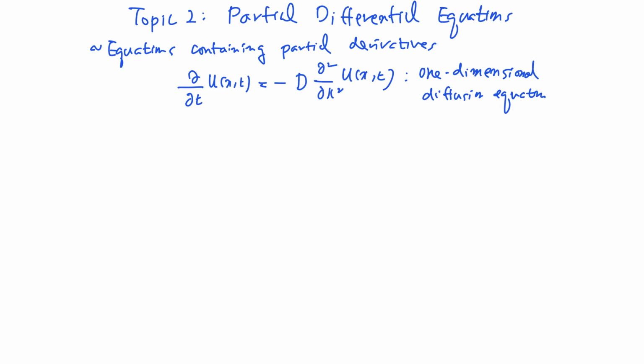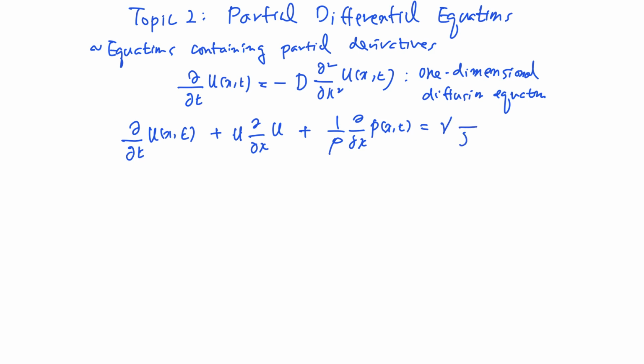Or sometimes we have ∂u/∂t (x,t) plus u ∂u/∂x plus 1 over rho ∂p/∂x minus nu ∂²u/∂x² (x,t) is equal to 0.